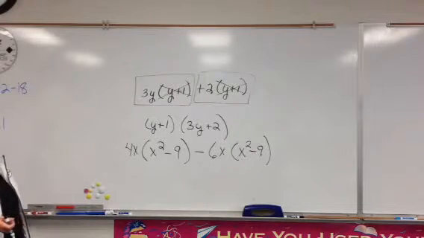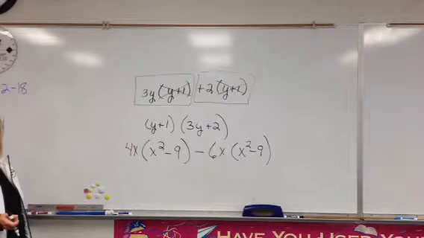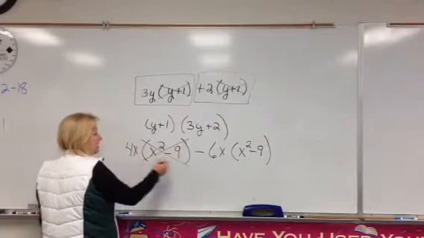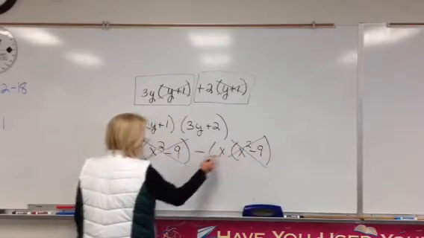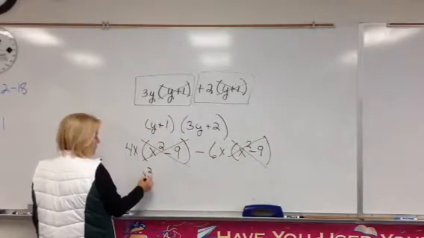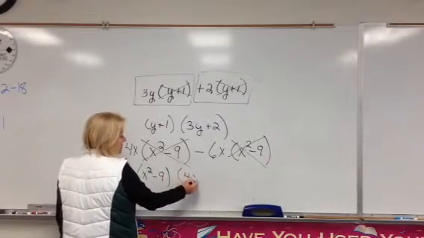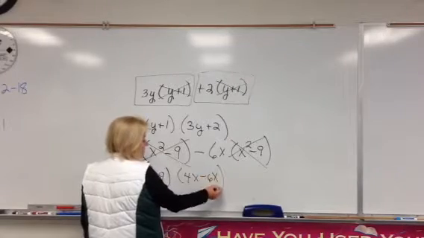So what do you see showing up in both terms? X squared minus 9. So we're going to take this x squared minus 9 out and this x squared minus 9 out. And then I'm left with 4x minus 6x.